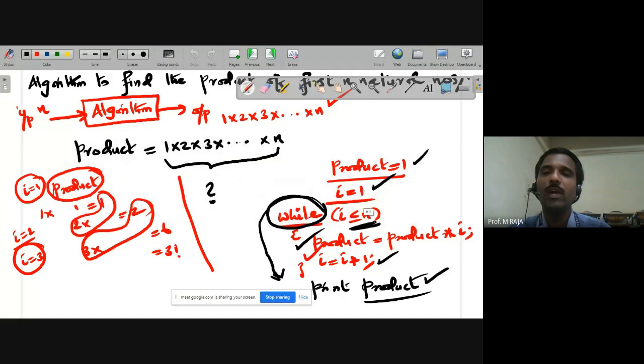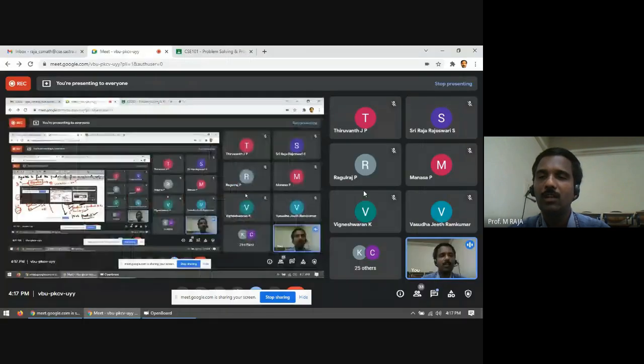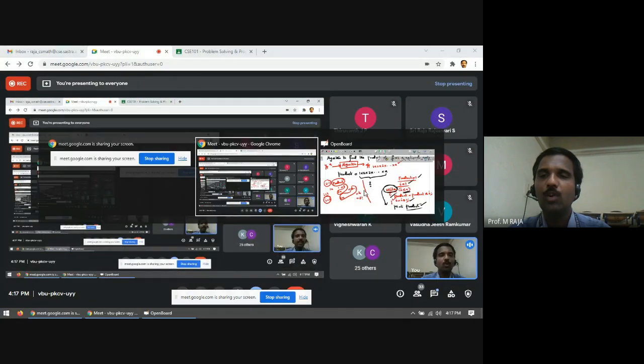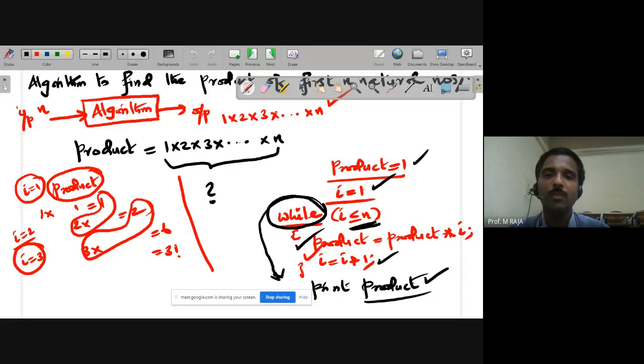Step 5, while I less than or equal to n, find the computation: product is equal to product into I, I is equal to I plus 1. Then in the next step, print product. Stop. This is the algorithm to find the product of first n natural numbers, or simply the algorithm to find the value of n factorial.